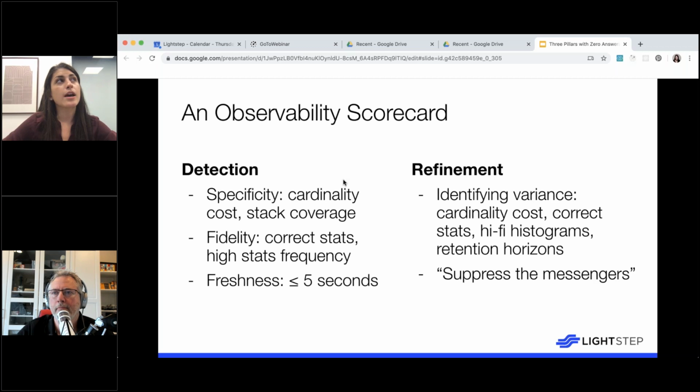Specifically, you can quickly understand if any of your SLIs are violated. Some examples of SLIs are throughput, latency, and error rates. And if any of those SLIs are violated, you can alert an engineer and give a bunch of example traces.